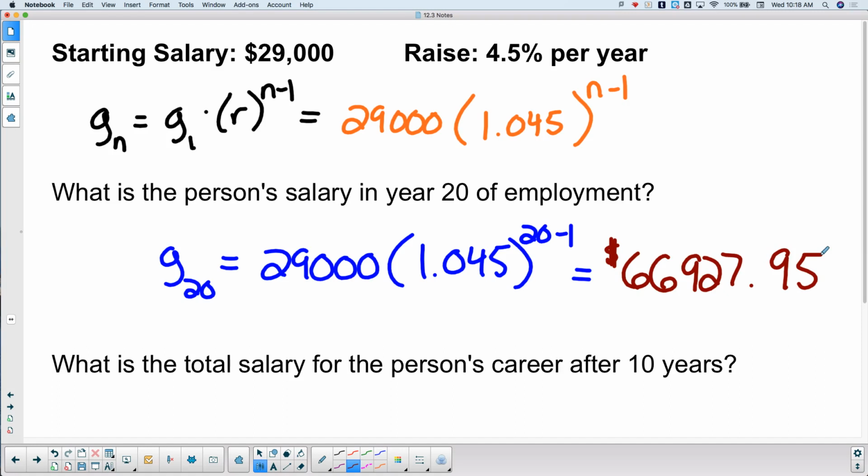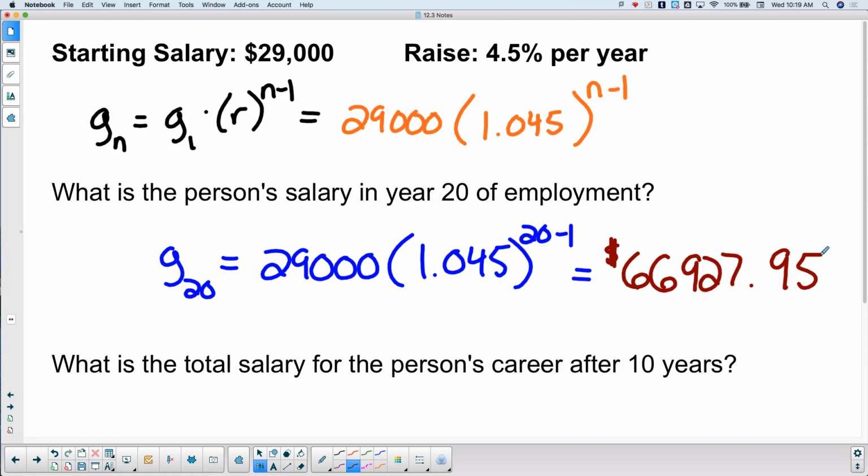If you're in a grams of a substance problem or pounds in a load, or days or minutes or something like that, then those rounding directions would be in the problem somewhere. Okay? All right? Next question.